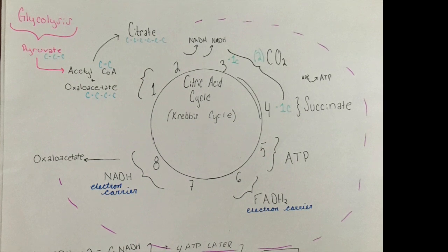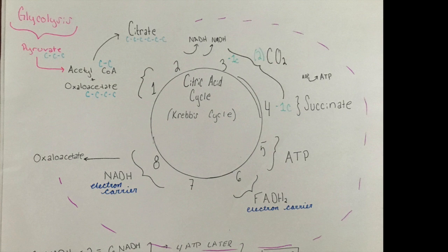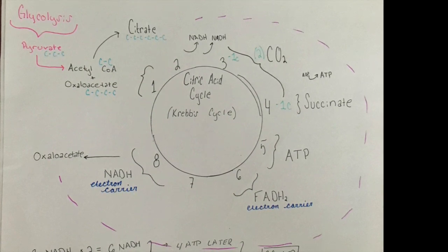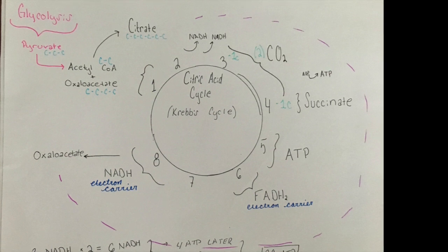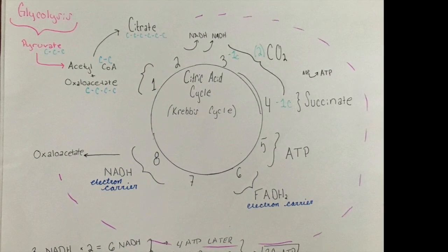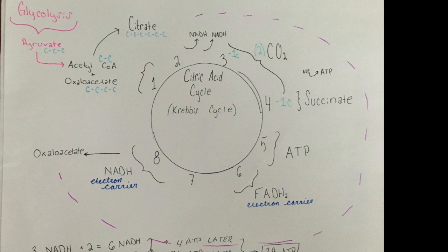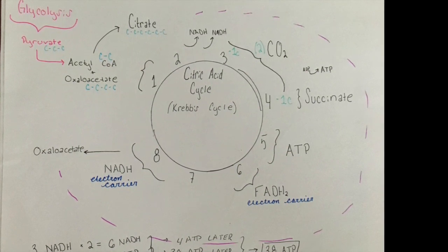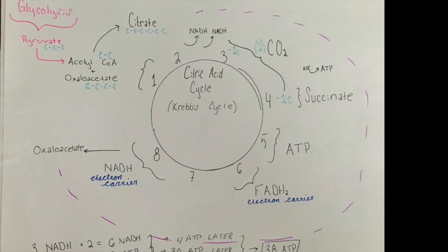So first, in the top left corner, we see glycolysis, and glycolysis generates pyruvate, which is converted into acetyl-CoA through oxidation, called pyruvate dehydrogenase.